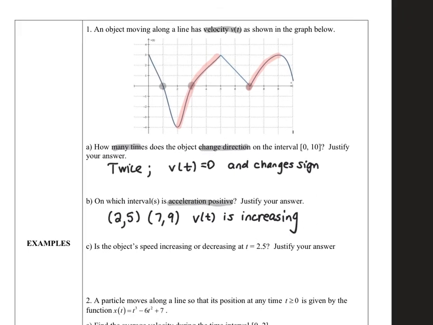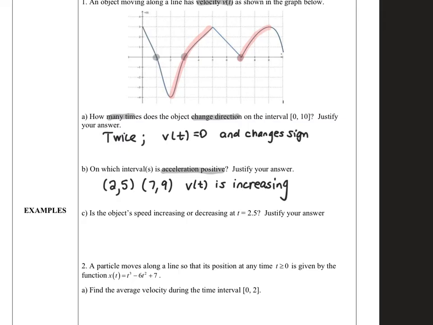My next question is a new one, and it's asking me at t equals 2.5, is speed increasing or decreasing? And I need to justify my answer. So I first go and look at 2.5. I'm about right here on the graph. What I want to look at is the relationship between the velocity and acceleration at that point.